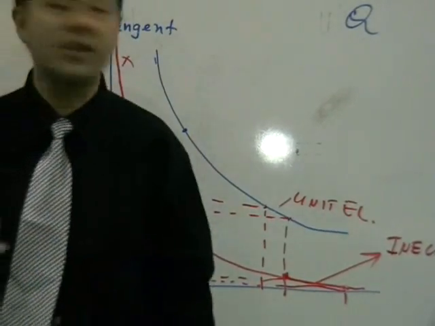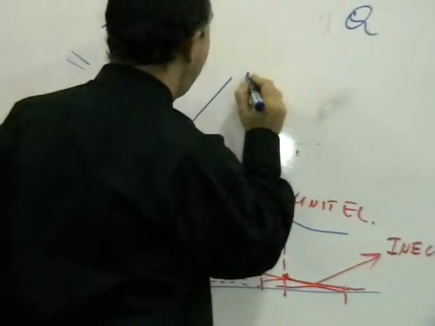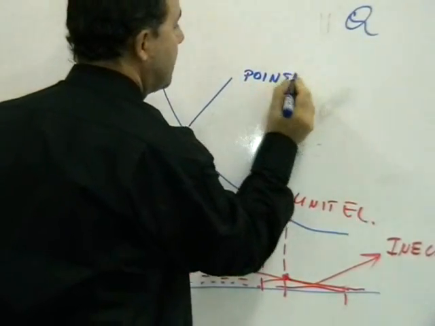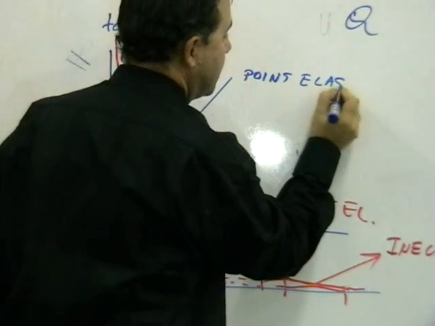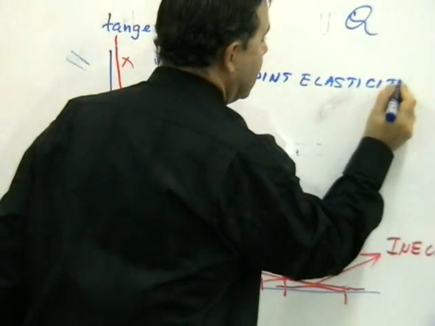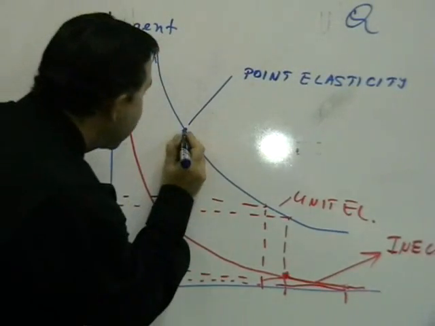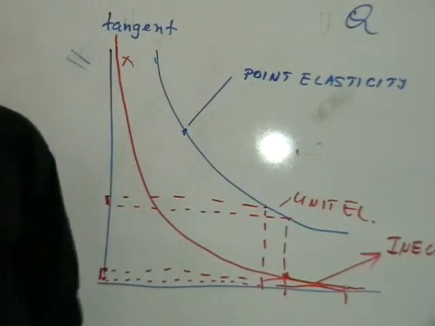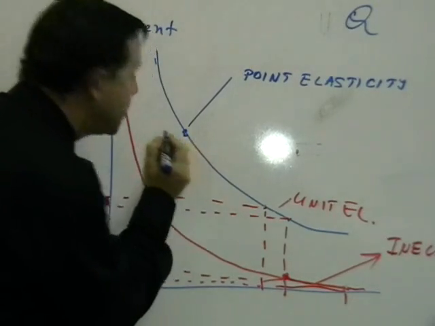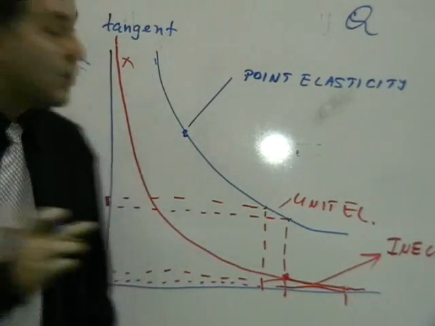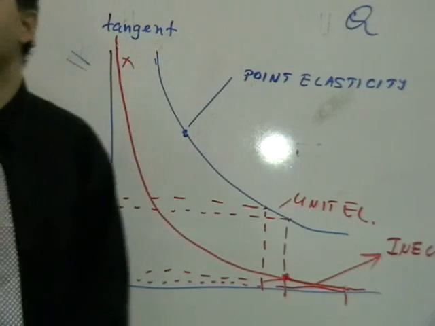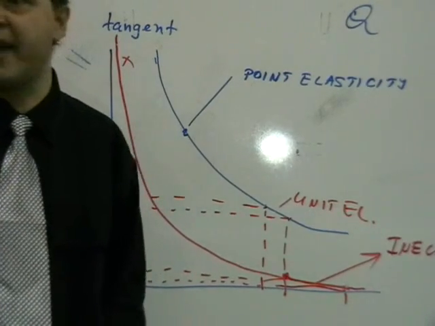Now, you can compute an elasticity at one particular point, and to compute what's called a point elasticity, you have to take a tiny little change in the price and a tiny little change in the quantity. In other words, a very small move along the demand curve.